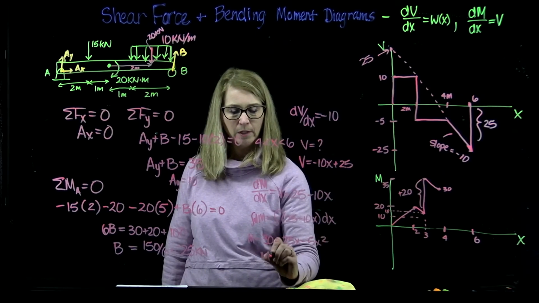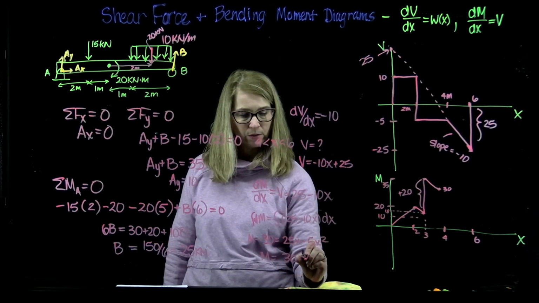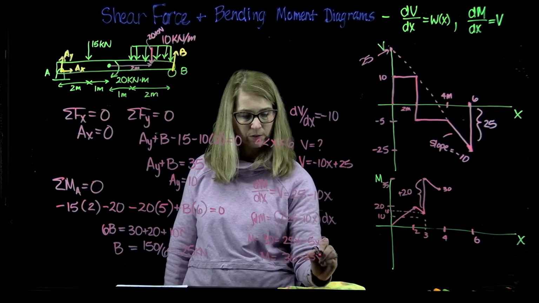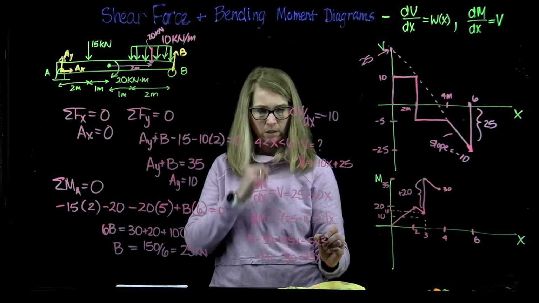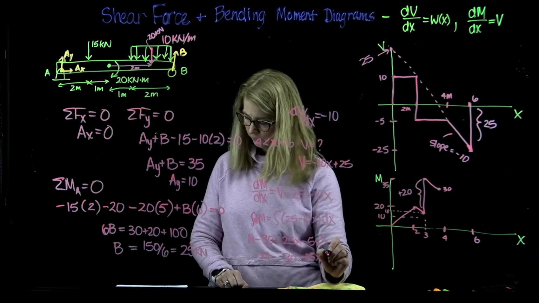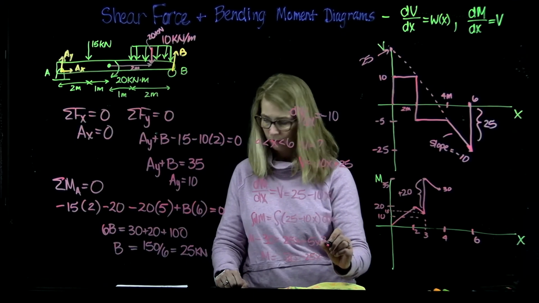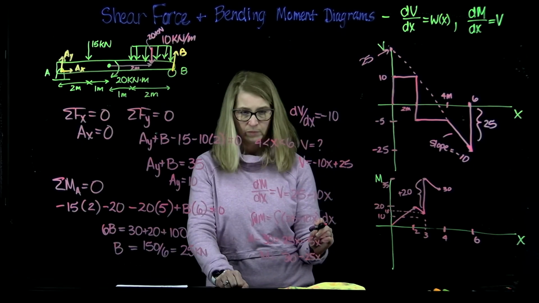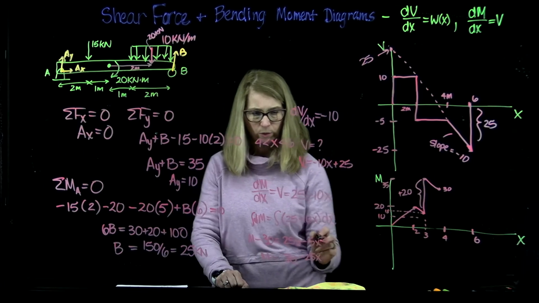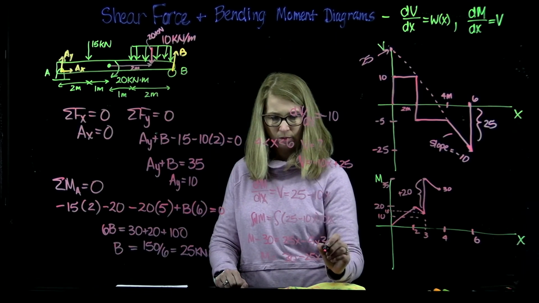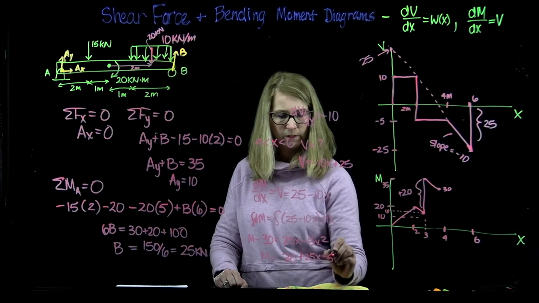So M is going to be equal to 30 plus 25x, I'm sorry, minus 5x squared.